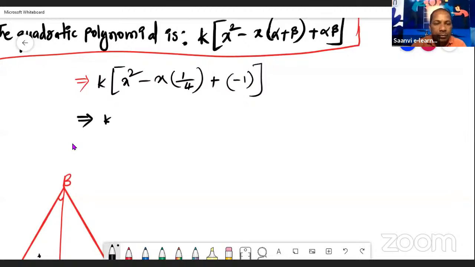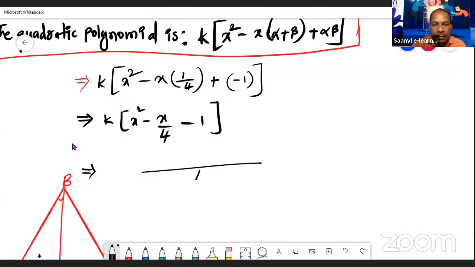k of x square minus x, here x into 1 by 4 gives x by 4, and plus into minus gives minus 1. To simplify this, we have to take the LCM, because a fraction is there. As the denominator is 4, the LCM is 4. When we take the LCM, every term we have to multiply by the LCM.